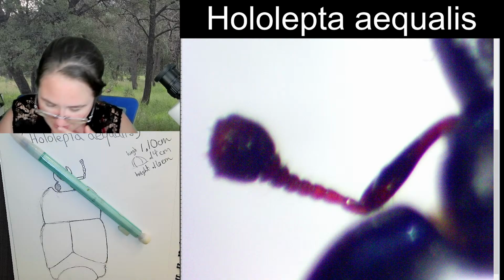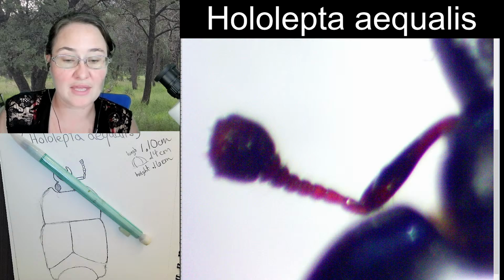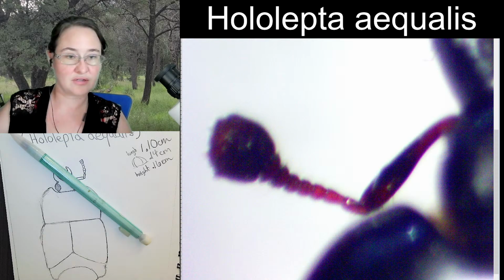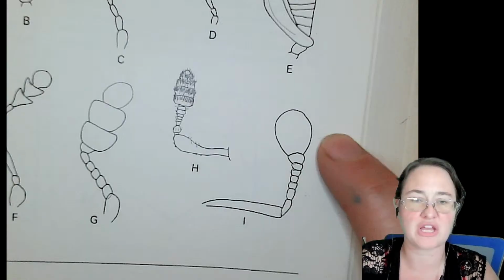So there is an image of the clown beetle's antenna here, so I still can show that to you. It looks like this. I'm going to move the camera. There we go. So that is the antenna that we are looking at right now. You've got the scape here, the pedicel, and all of the flagellomeres.